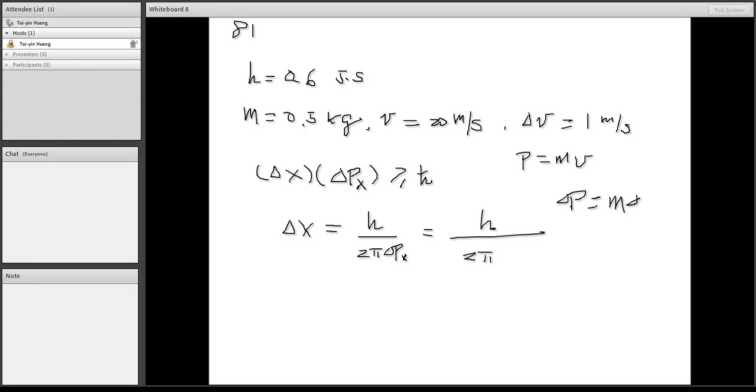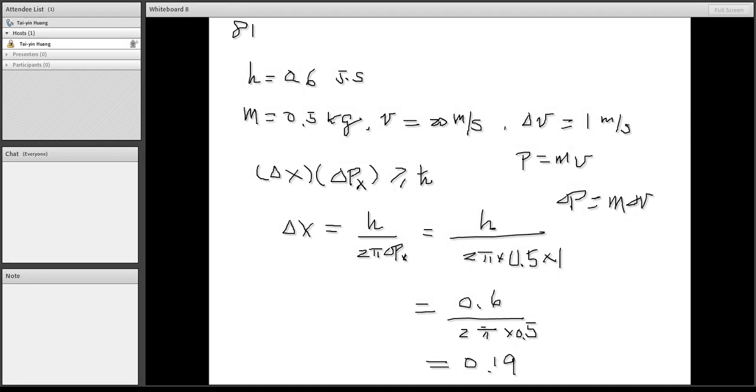So when you plug in the numbers, your m is 0.5, and your delta v is 1, and your h now, in a different universe, is 0.6. So when you plug in those numbers, 2 pi, and then you have 0.5 here, you will get the uncertainty of the position to be around 0.19 meters.